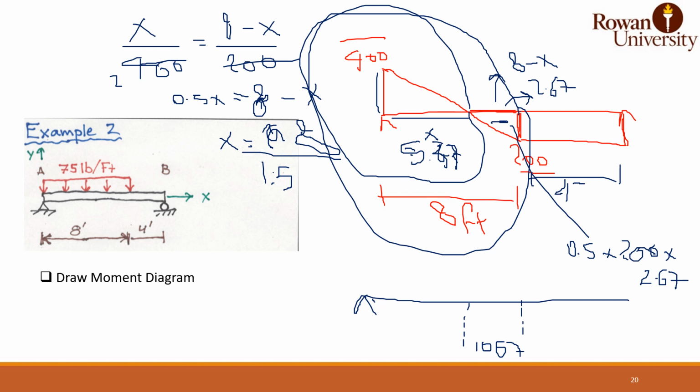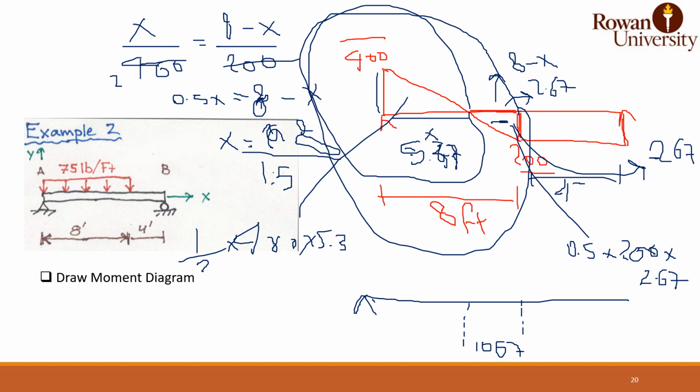This area should be 267 in negative. This area is half times 400 times 5.33, which is what we did here, 1067. And here will be 1067 minus 267, which is 800.